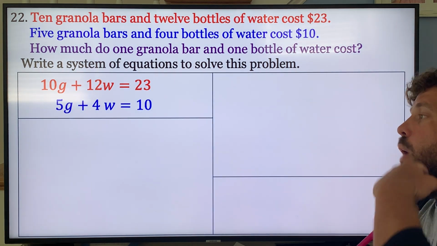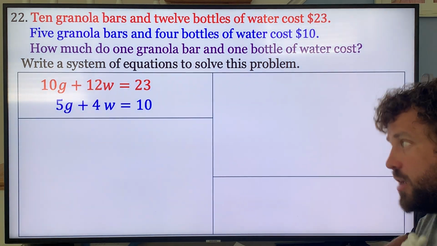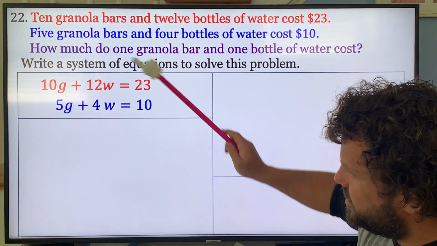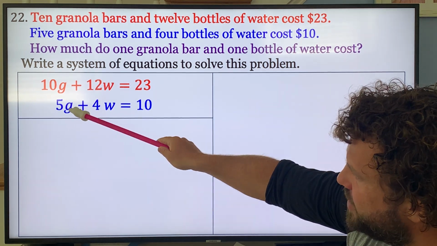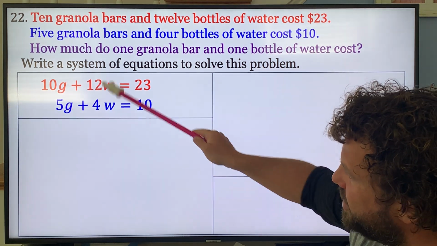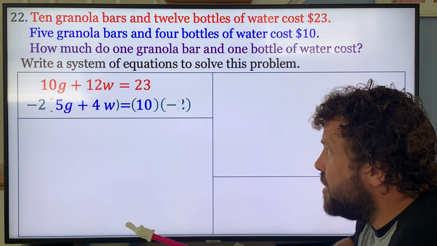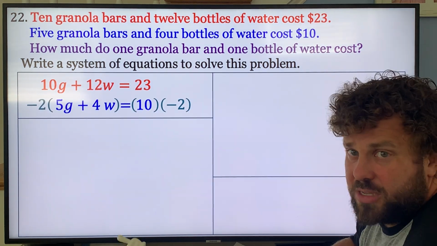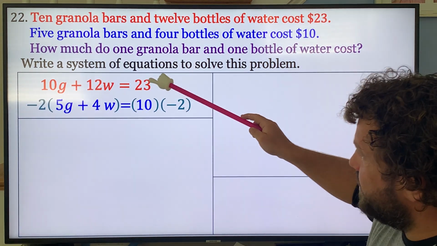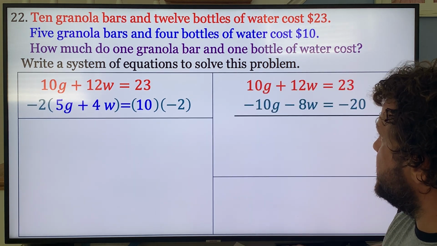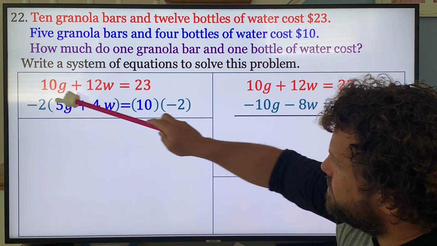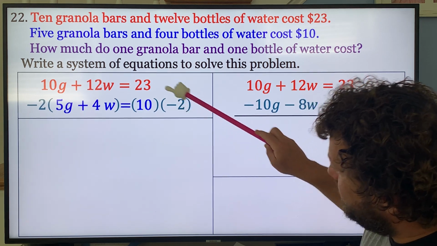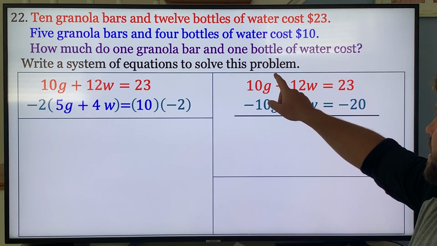Now, when we do linear combinations, we need to eliminate either the G's or the W's. I can multiply this by -2 or by -3 and get rid of one of the two. I'm going to go just with the -2, the smaller number. 10G plus 12W equals 23 stays. -10G minus 8W equals -20. The G's cancel out.